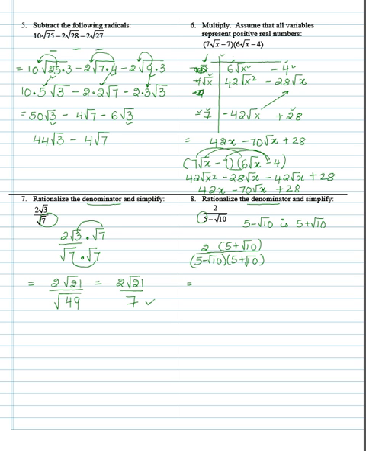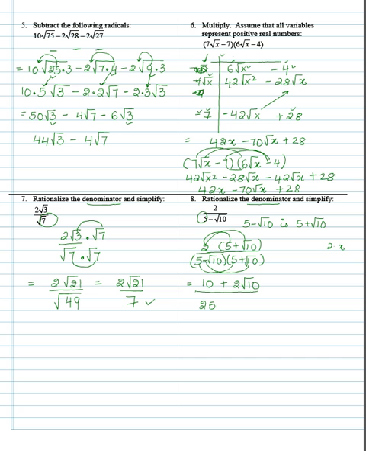So now let's go ahead and work with the numerator. 5 times 2 is 10. 2 times radical 10 is 2 radical 10. It's like multiplying 2 times x, which is 2x. Now the denominator. When you multiply conjugates, you can go ahead and FOIL it out, but the simple and easy way to multiply conjugates is simply the first term times the first term. 5 times 5 is 25.